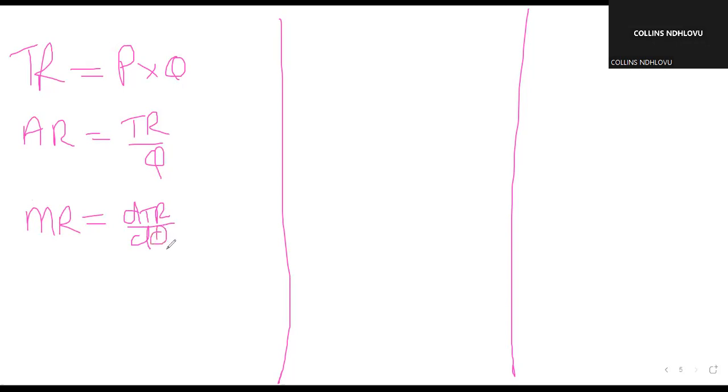So if our TR was 170Q minus 5Q squared, how do we differentiate this one?